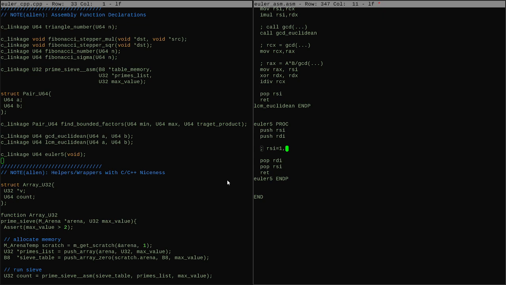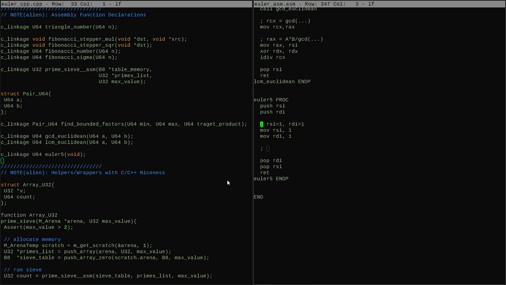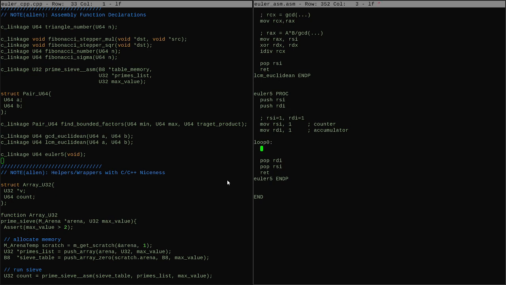And then I need RSI equals 1, RDI equals 1. So we've initialized them. We're going to label them real quick. So RSI is our counter, RDI is our accumulator, and then what we'll do is we'll have a loop here. The loop goes if the counter is greater than 20.